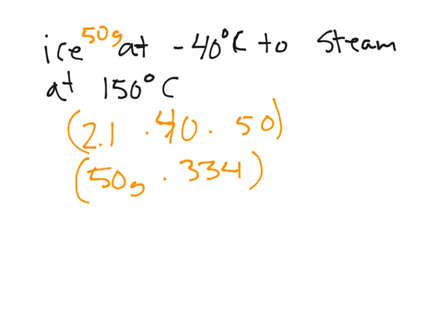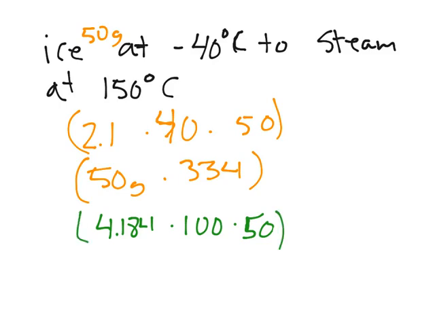We're going to heat the water through the whole range of water, 0 to 100, so our change in temperature is going to be 100. Let's actually redo this. We'll write specific heat first, so specific heat's 4.184. Our change in temperature is 100, and our mass is 50. Oops, not 500. Okay, that's our next step.